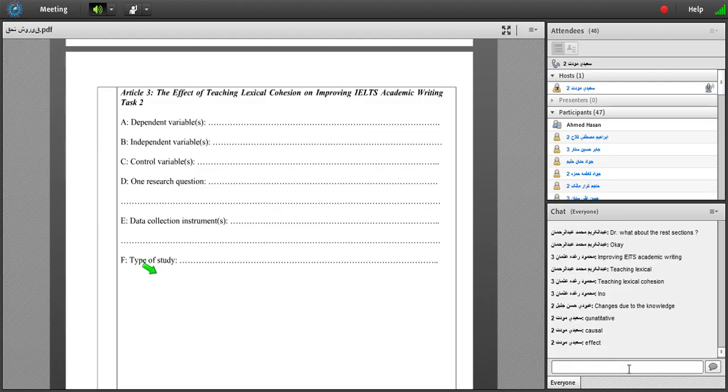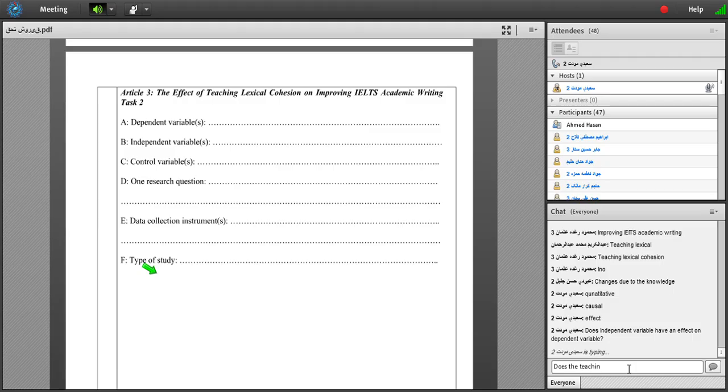So the pattern is like this. If you remember, we should say, does the independent variable have an effect on the dependent variable?